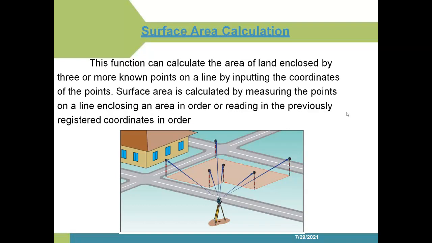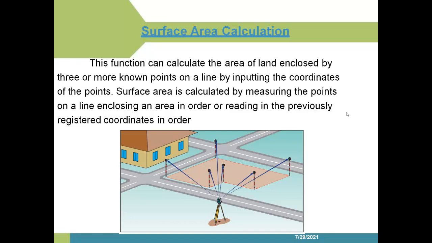And surface area calculation: in that, we need to fix in which area we need to get the boundaries. Then at every corner of the boundaries we need to fix the prism and get the readings. From those readings we can calculate within the onboard CPU.